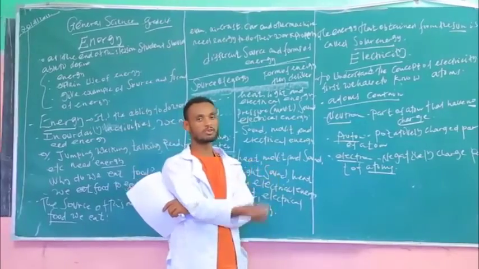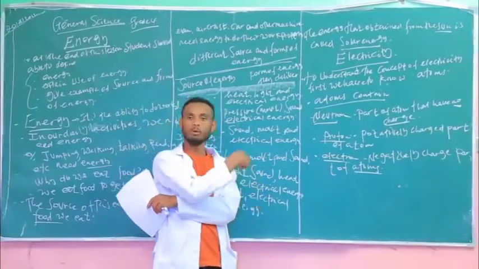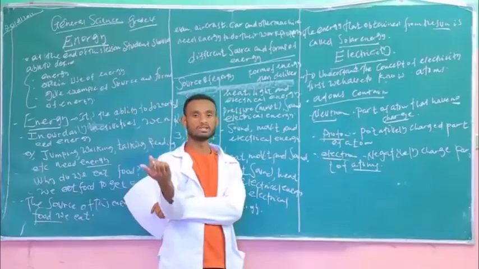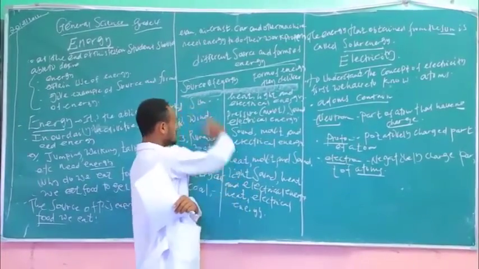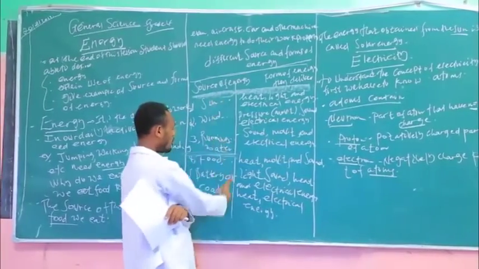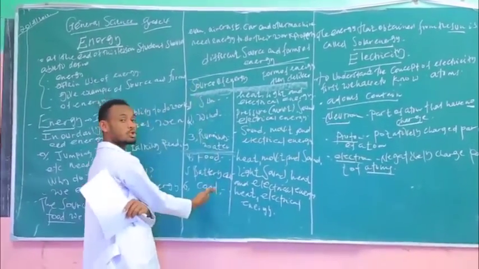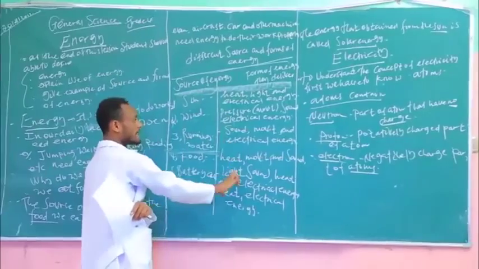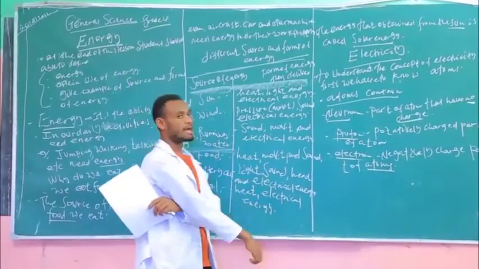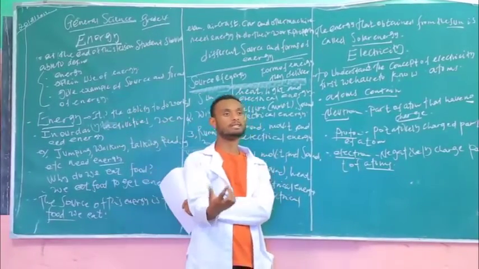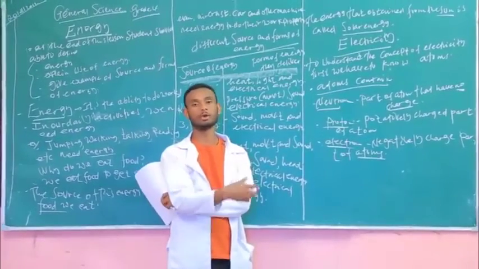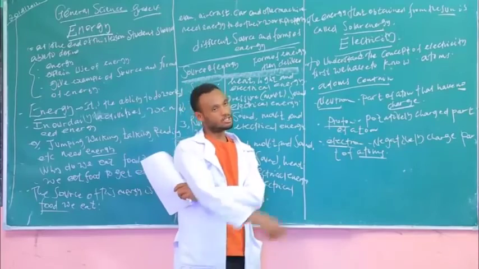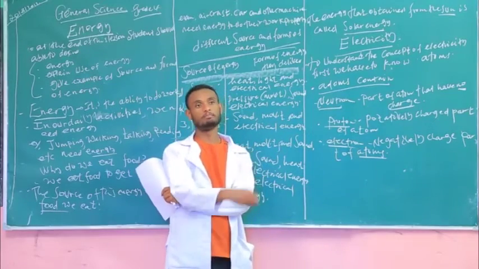There are different sources of energy like the sun, wind, running water, battery cells, food, and even coal. These are the forms by which they deliver energy for human beings. These are all the topics that we have been dealing with.